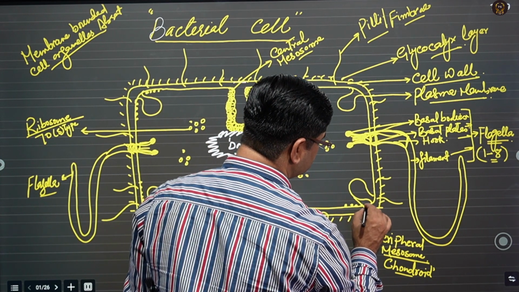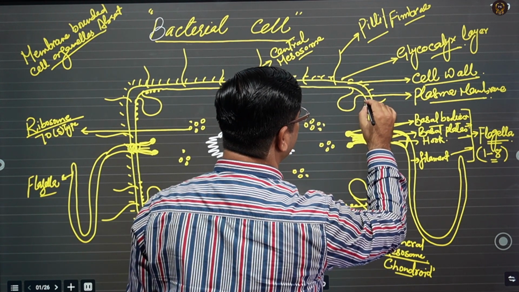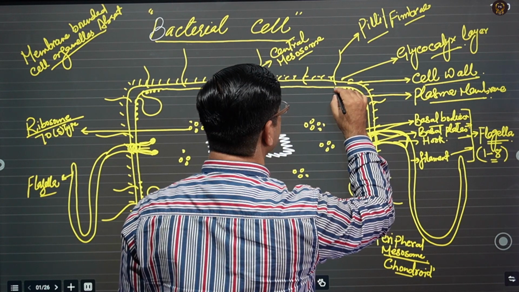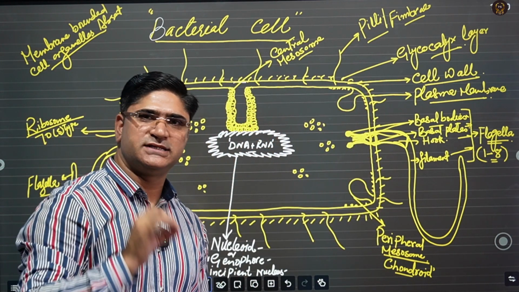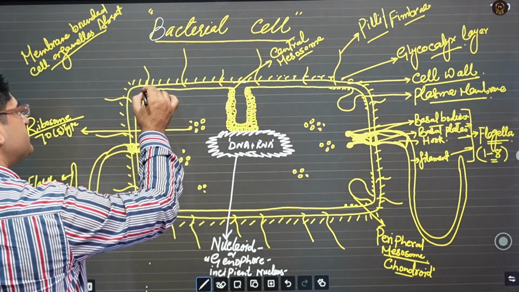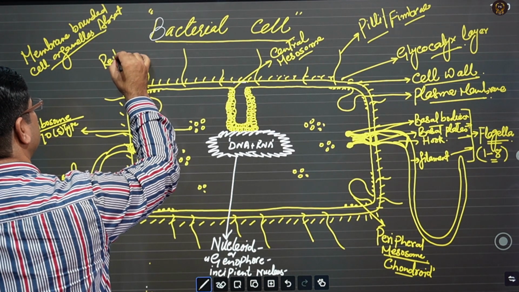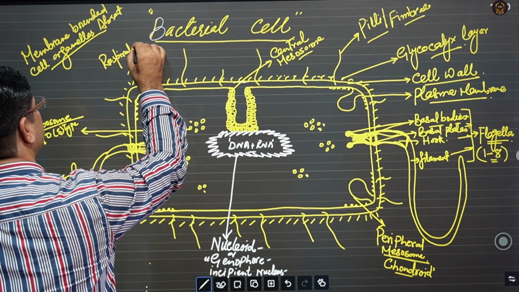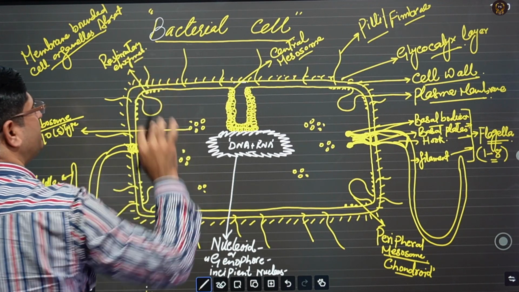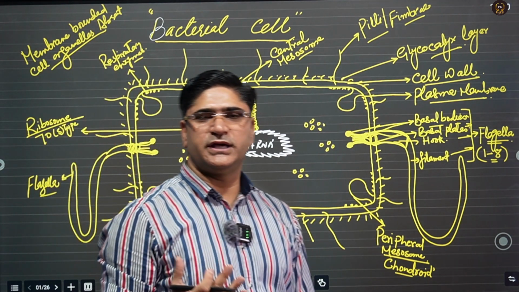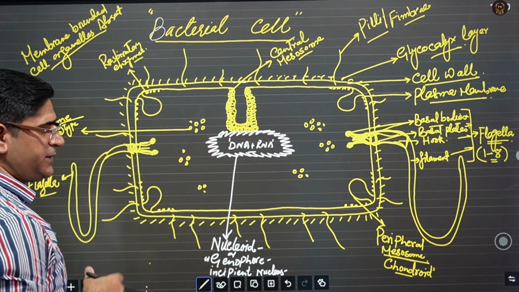Those ribosomes function as respiratory enzymes, which help the respiration of the bacteria. So their main role is to help the cellular respiration of the bacteria.